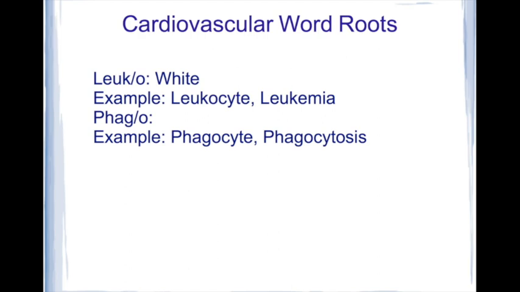Phagocyte, phagocytosis. What do phagocytes do? Leukocytes are types of phagocytes. Leukocytes make up our body's immune system, right? So how do they do that? What do they do with pathogens and debris in our body? How do the leukocytes get rid of those things that could put our body in danger?